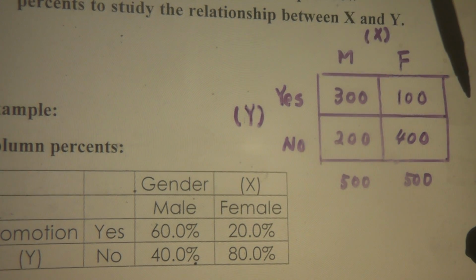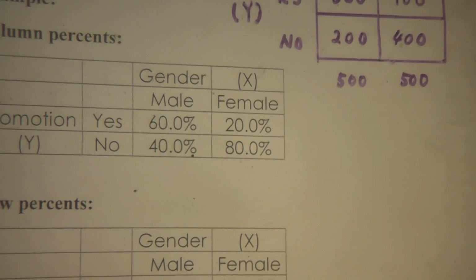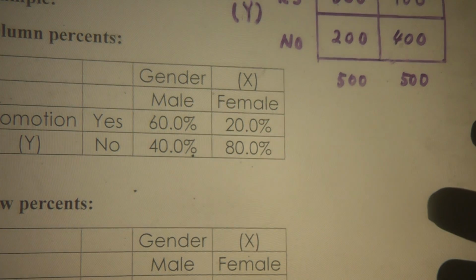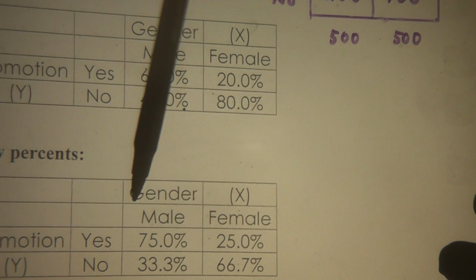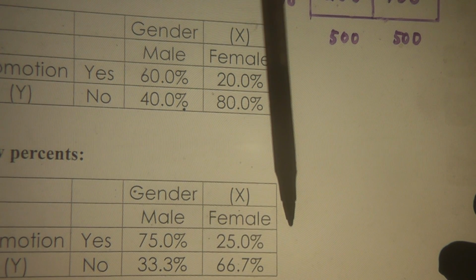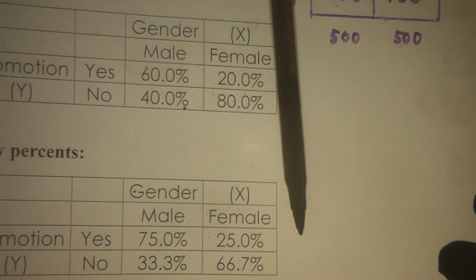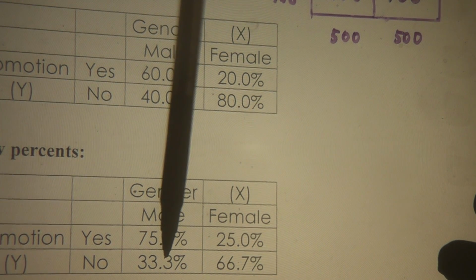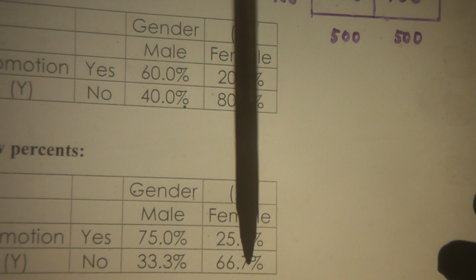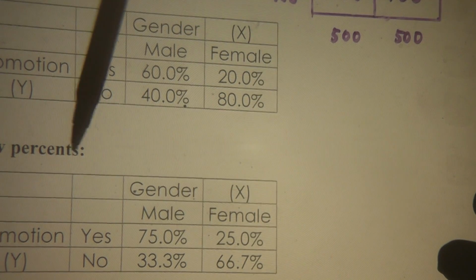So 300 divided by 400 is 75%. 100 divided by 400 is 25%. 200 divided by 600 is 33%. 400 divided by 600 is 66%. This is what we call row percent.